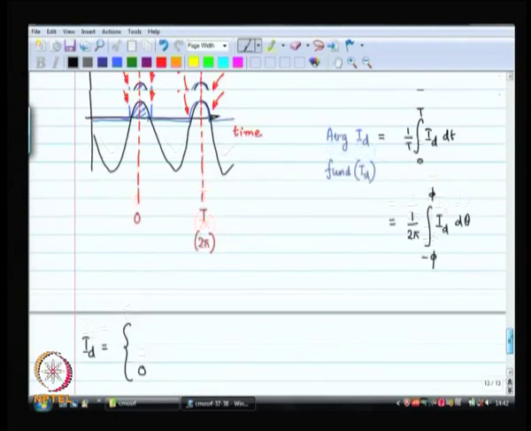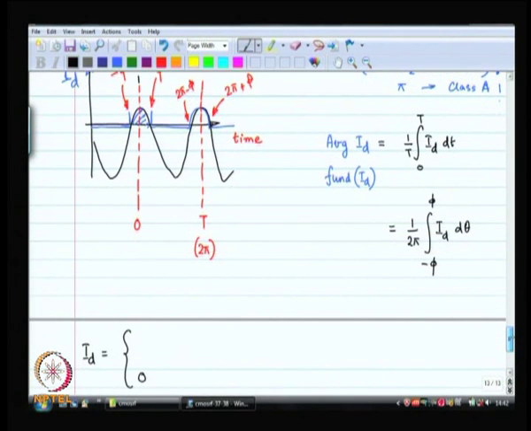And I d is equal to some sinusoid of some magnitude, let us call this amplitude I r f, minus a certain quantity.